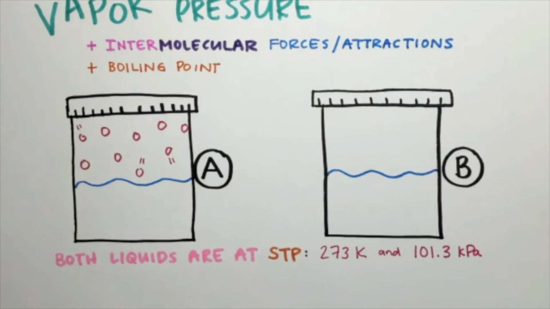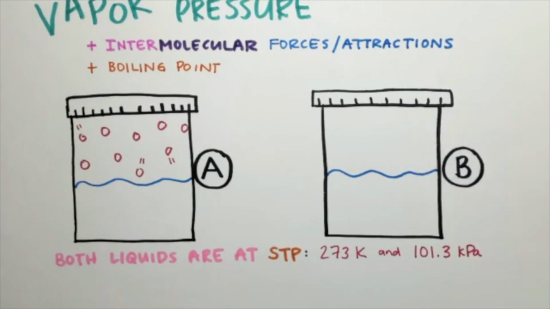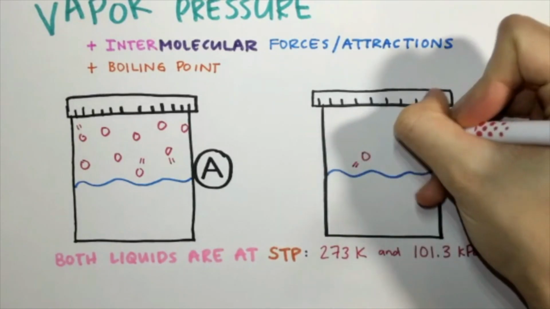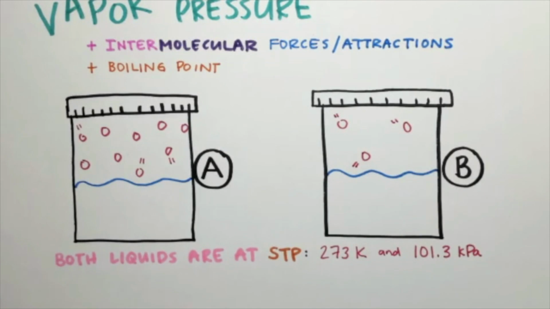Now over here on the right, let's say liquid B is something a little bit less stinky. Let's just say it's plain old water. If you open the cap on this jar, we know eventually water would be able to evaporate, which means there is some hidden gas above our liquid, but certainly not as much as there was for our acetone.